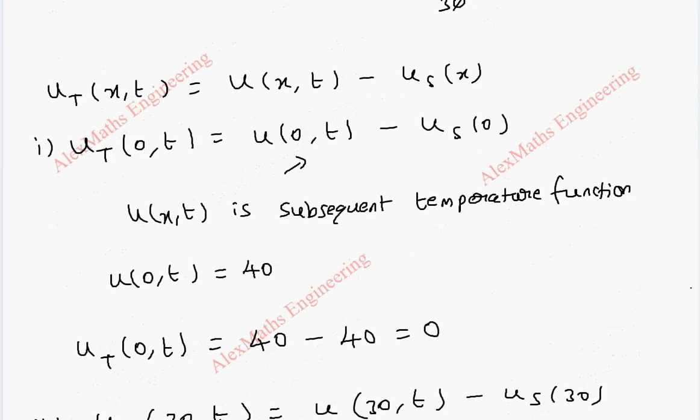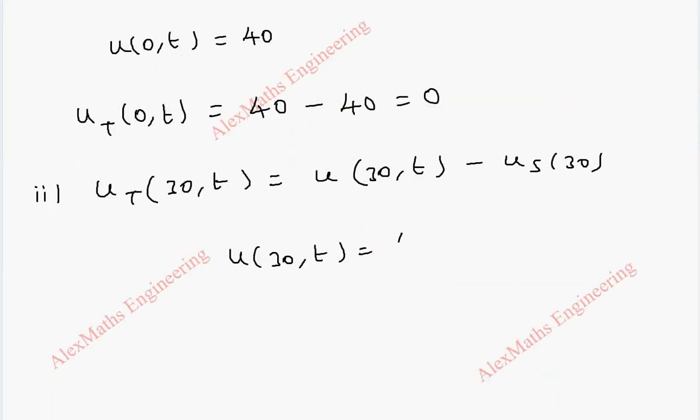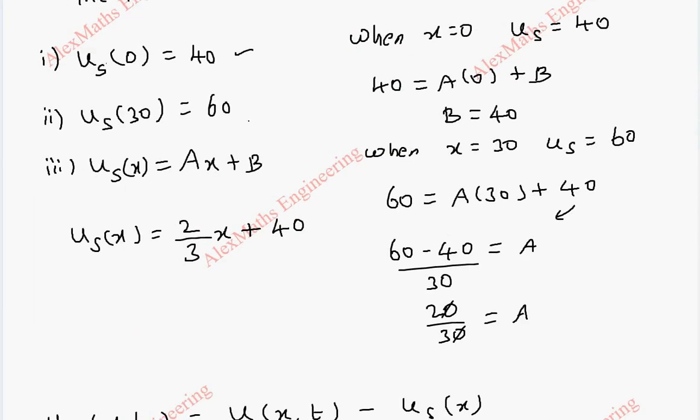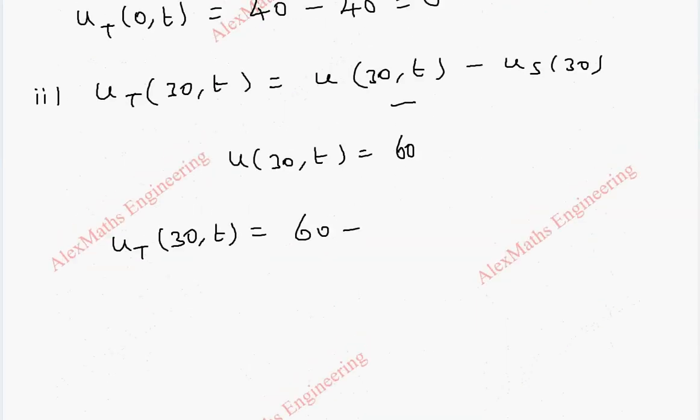So this is 60 minus u s of 30, that is also 60. So we get 60 minus 60, that is also 0.